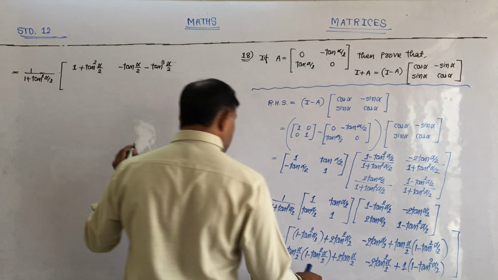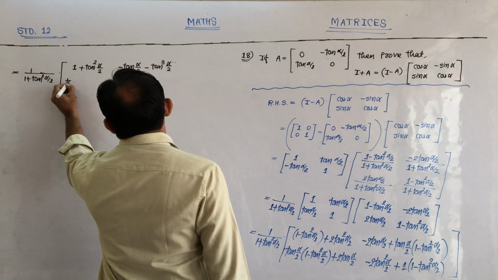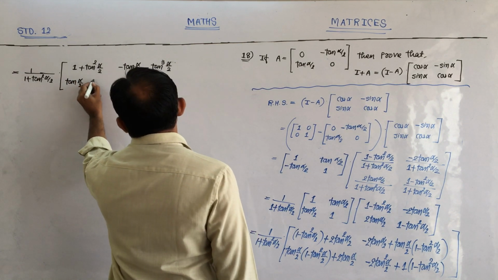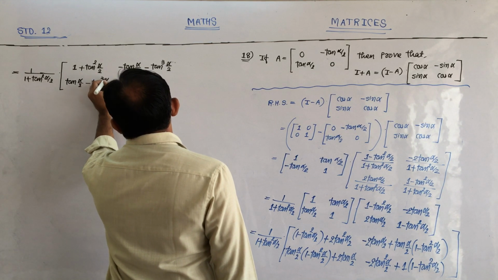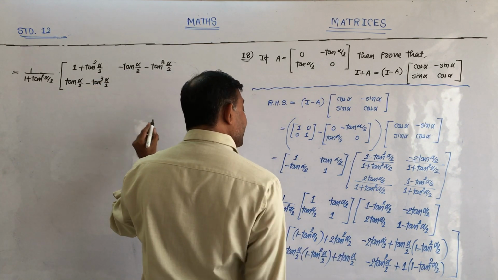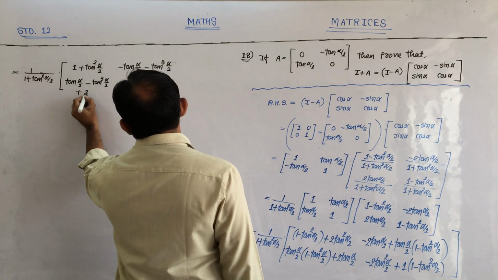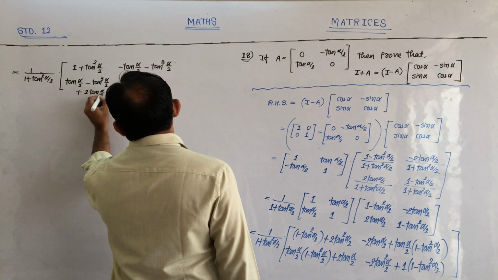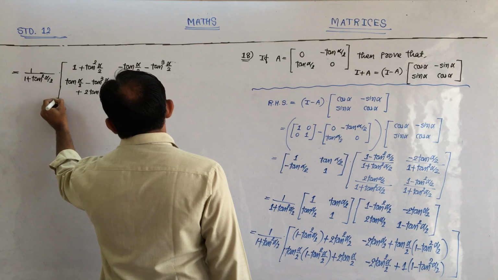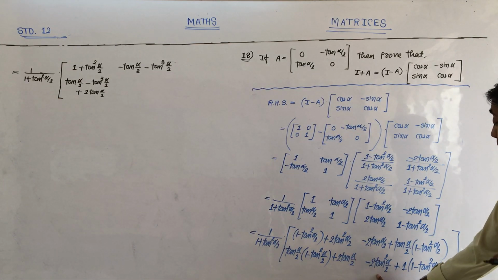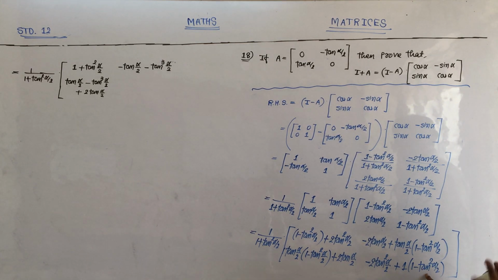Tan alpha by 2 minus tan cube alpha by 2, this one, and plus 2 tan alpha by 2, and the term that remains, minus 2 tan square alpha by 2 plus 1 minus tan square alpha by 2.